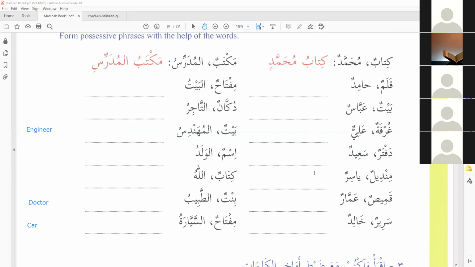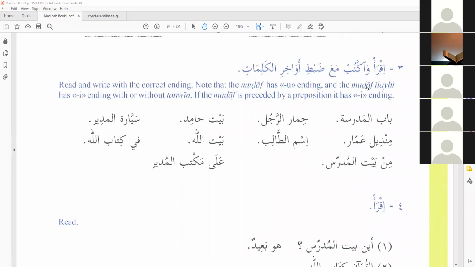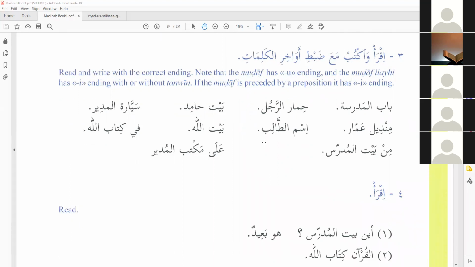Moving right along. Let's see. Okay. اقرأ واكتب مع ضبط أواخر الكلمات. Now they're going to take away all of the final endings and they're going to have you read to practice your ability to put the correct endings on the words.